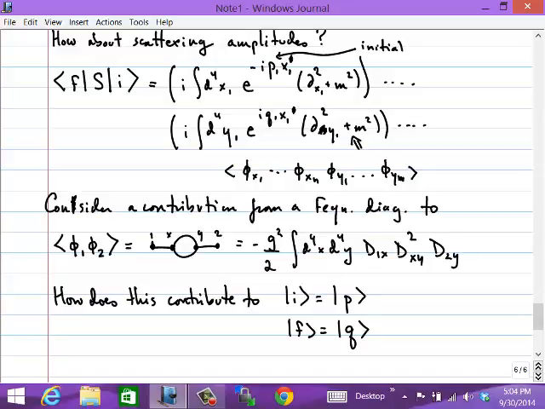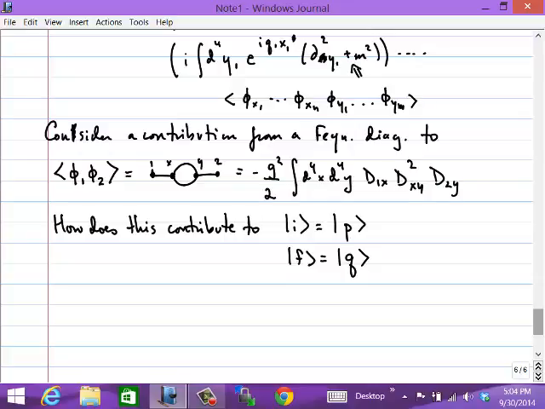So if we want to go ahead and compute this, let's just start by writing out this contribution here in momentum space. Okay. So we'll use the momentum space representation of the Feynman propagator.